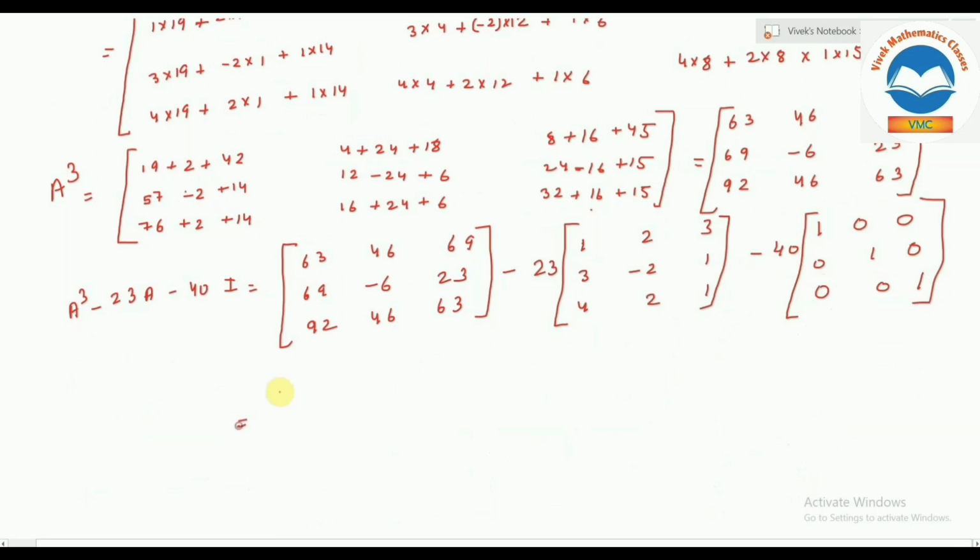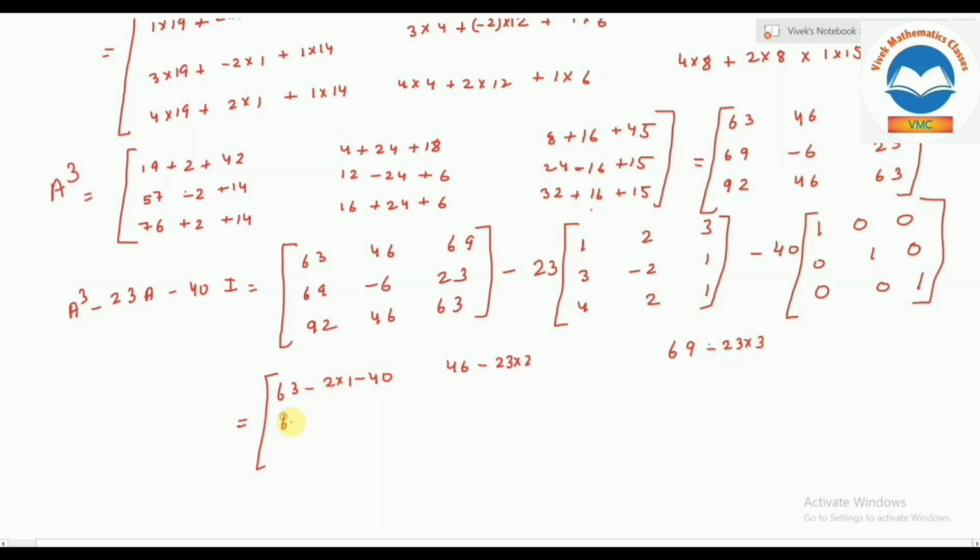So what we need to do? We need to simplify this. So what we will get here? 63 minus 23 into 1, and this also minus 40. Next, second thing, we will get 46 minus 23 into 2, and this will be 0 only. Next thing we will get is 69 minus 23 into 3, and here 0, so no need to write.